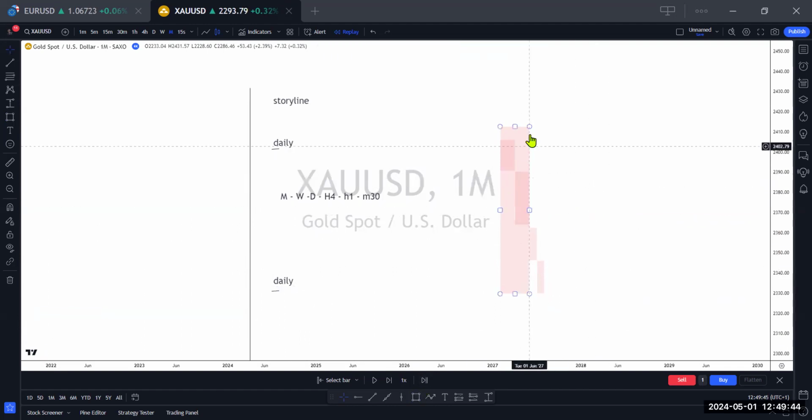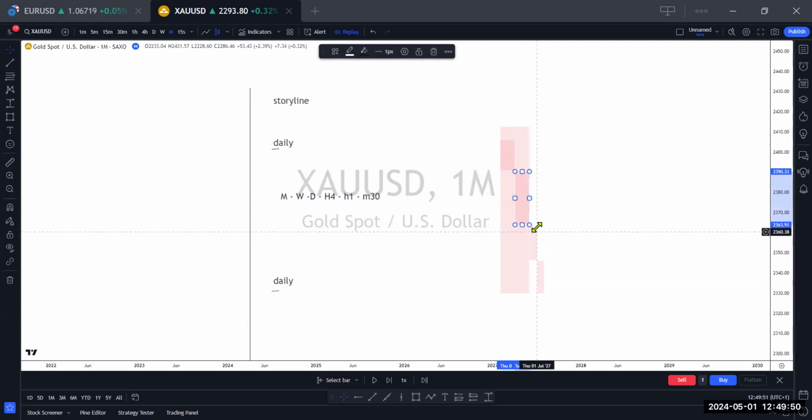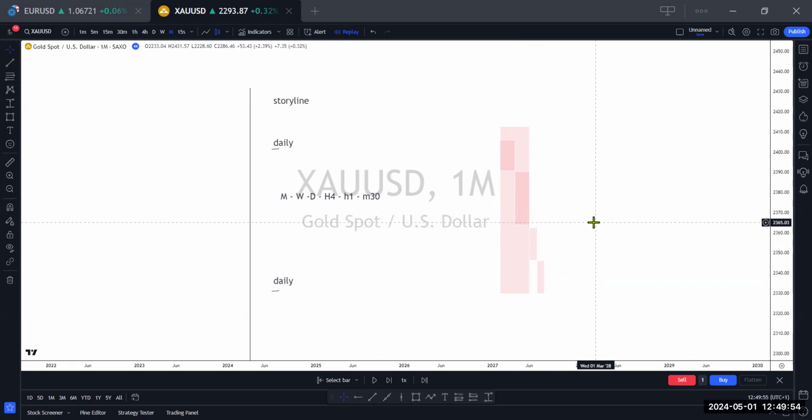One monthly bearish candle, inside that 1 month, we have 4 weekly bearish candles. And why am I saying this? You must always remember as a trader that the higher time frames are formed by the lower time frames.